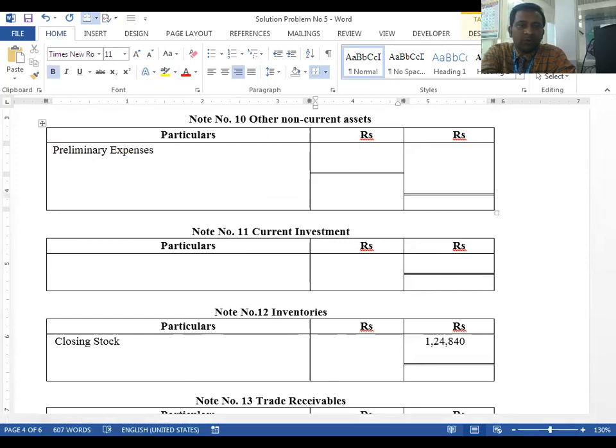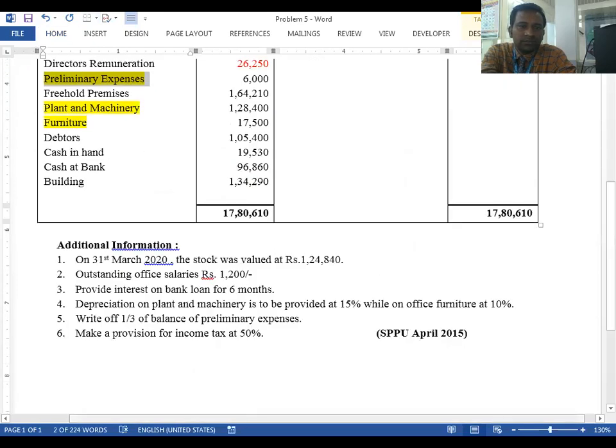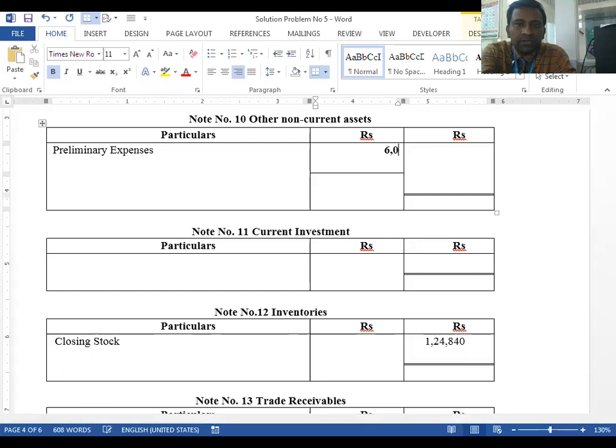What is the amount of preliminary expenses? 6,000. Okay.